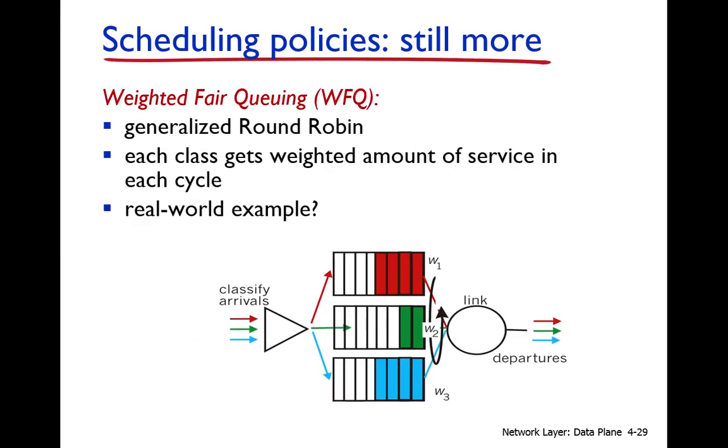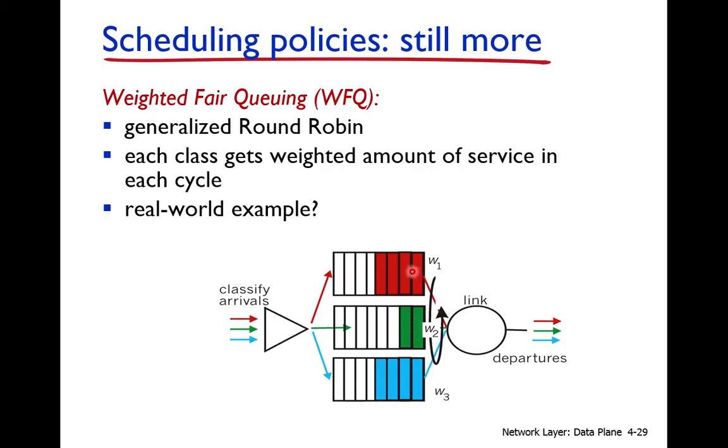Similarly, we can have weighted fair queuing. What does it mean? When the packets arrive, they are classified, and based on its classification the packet is stored in the higher priority, lower priority, or the lowest priority queue. When the packet is to be transmitted, we assign weights. Suppose we transmit 3 packets from the higher priority, then 2 packets from the lower priority, and then 1 packet from the lowest priority.